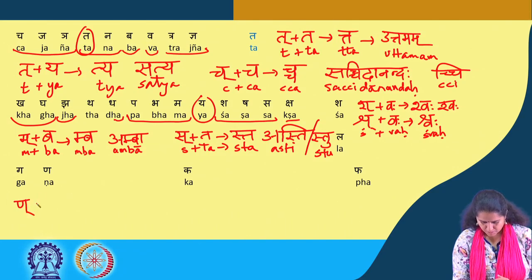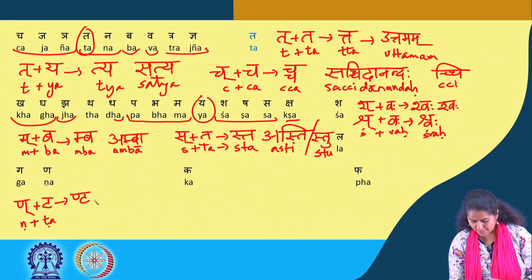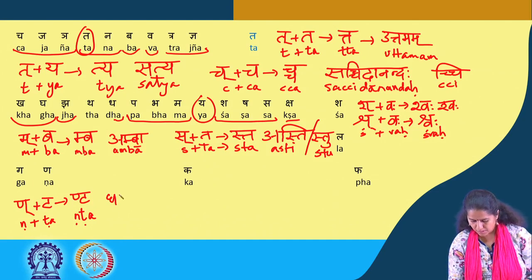So, you have n, which is just the n plus the t. It will become the nt, okay, nt, and then you have the word ghanta, and then you have gha, n, t, a.